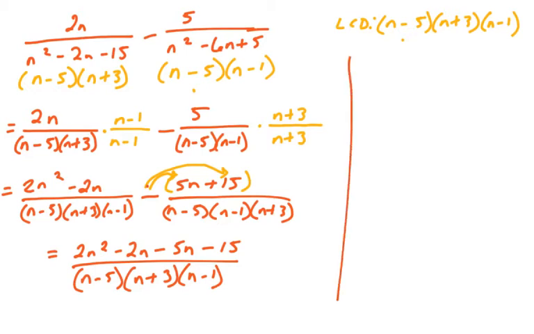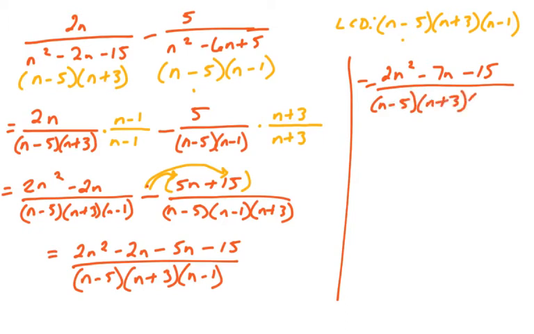The next thing we have to do is combine like terms in our numerator. So we'd have 2n squared minus 7n minus 15, and we're dividing that by our denominator of n minus 5, n plus 3, and n minus 1. The next thing we have to do is factor this numerator, which would factor into 2n plus 3 and n minus 5.